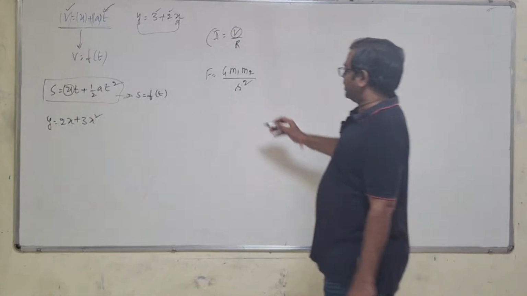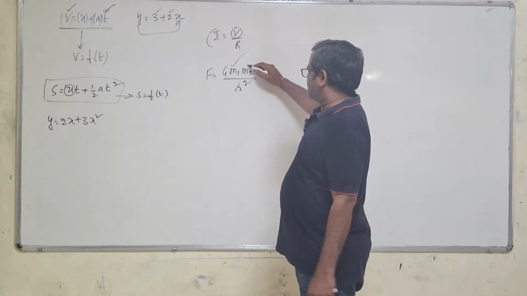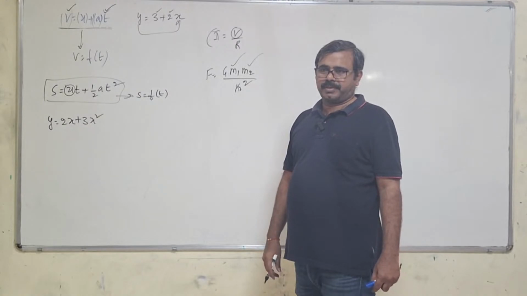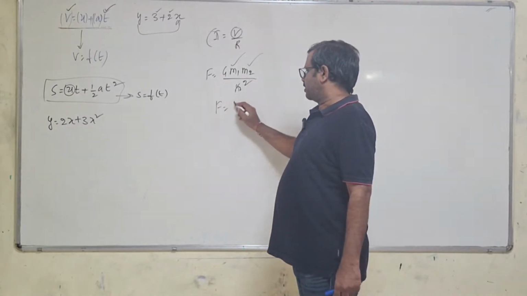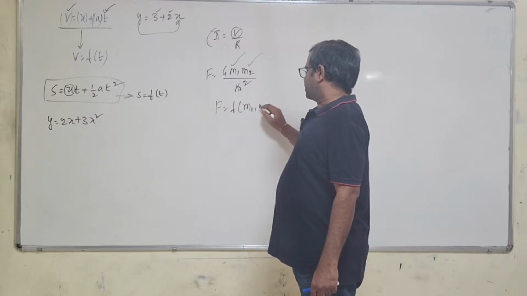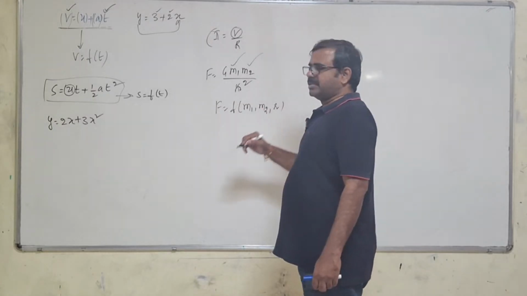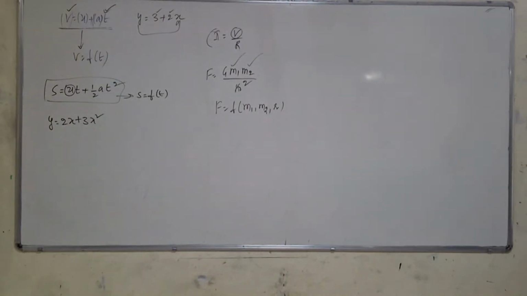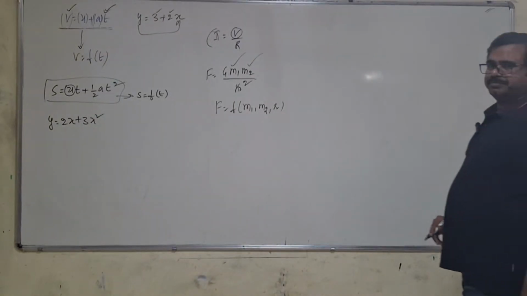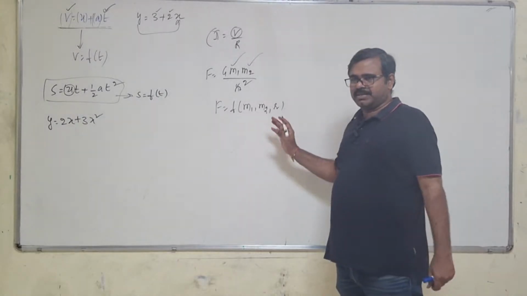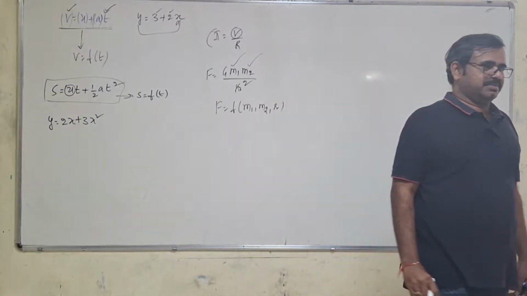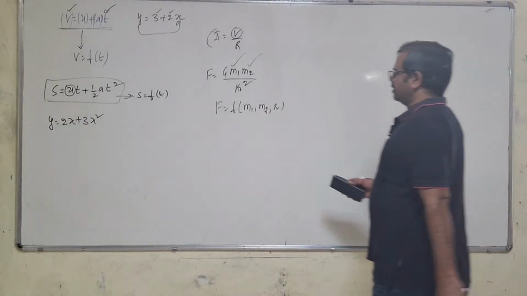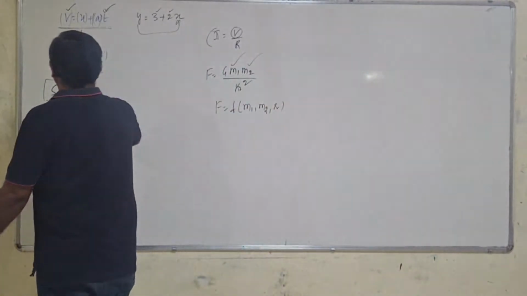So G is a constant, and the masses m1, m2 and the distance between them vary, right? So force between two particles depends on masses of the two particles and also separation between the two particles. So force is a function of masses and distance between the masses. Like this, we come across many functions in physics.